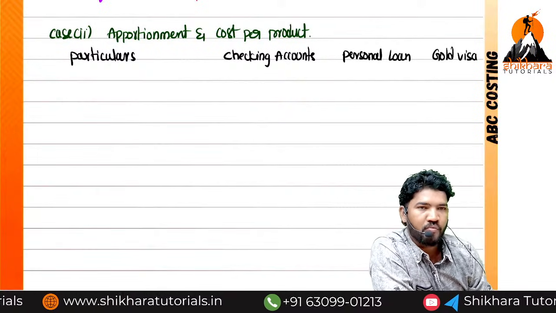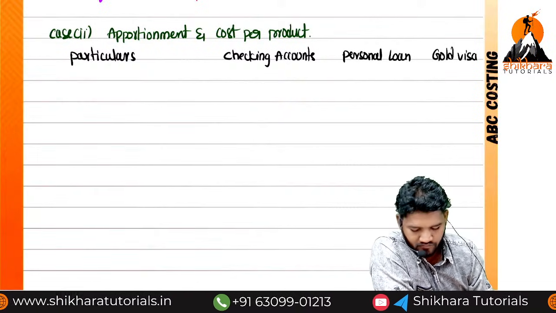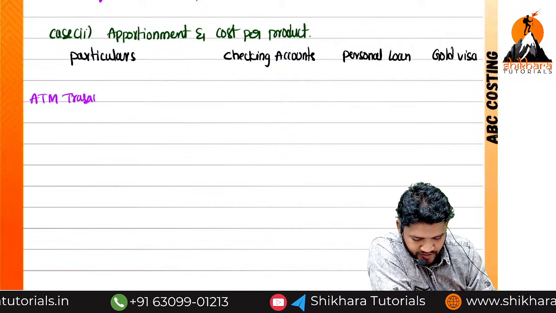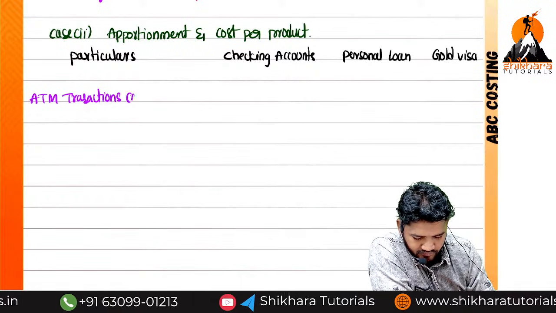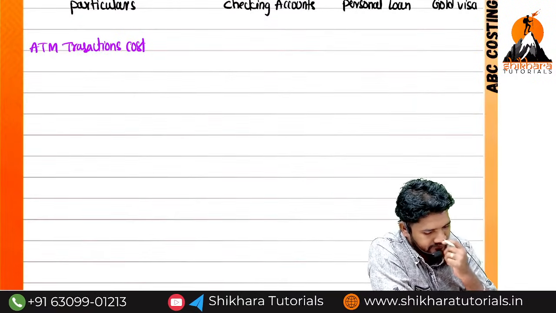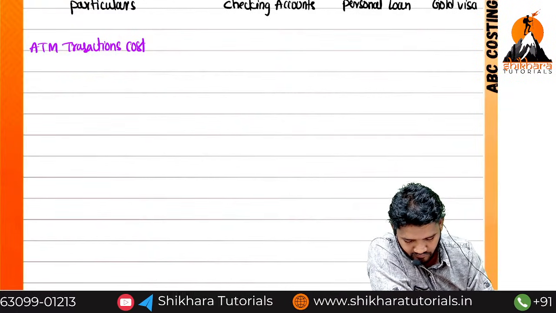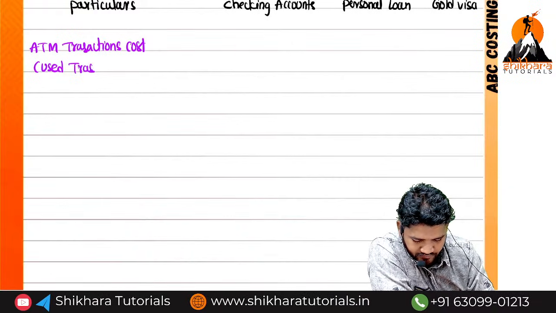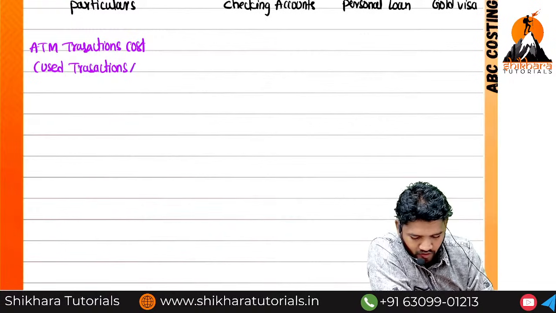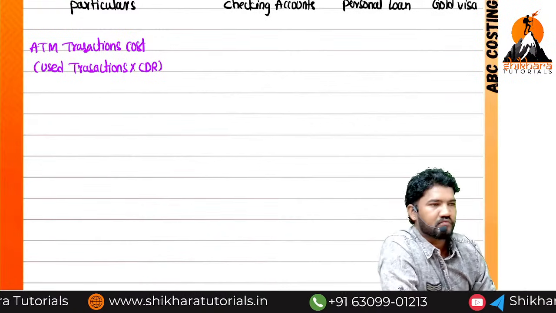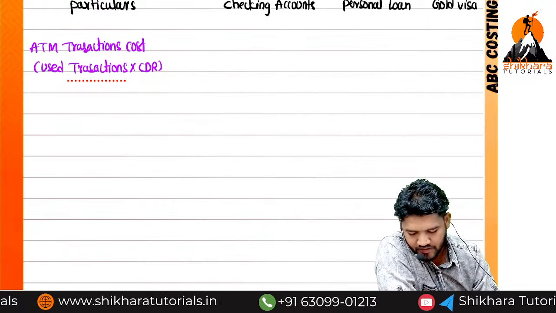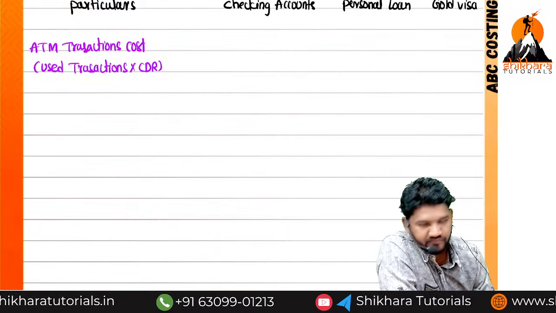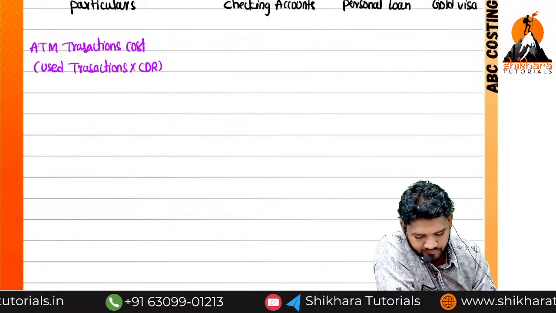So what is the first cost you have to apportion? ATM transactions cost. What is the apportionment? Used transactions into cost driver rate. Here you have to express working notes also. So what about the working notes here?